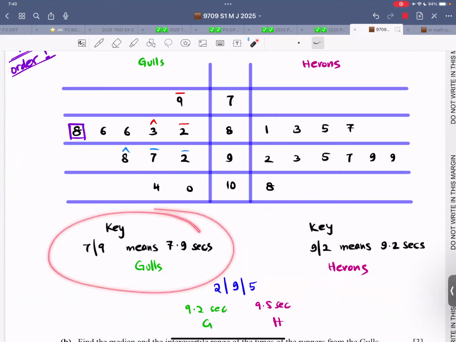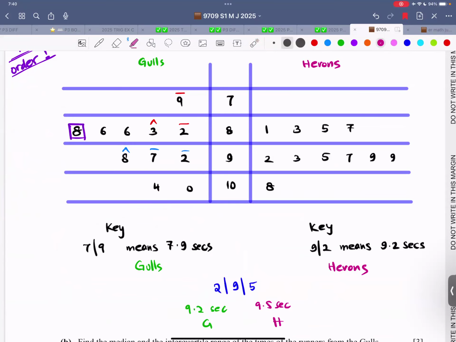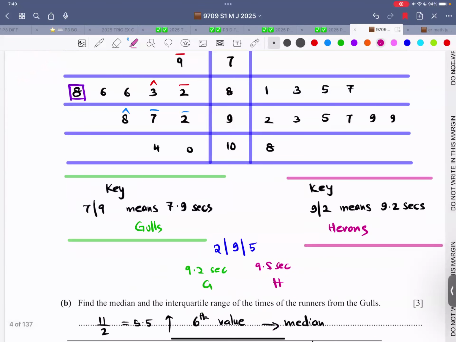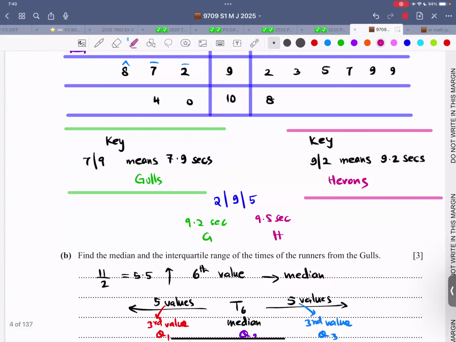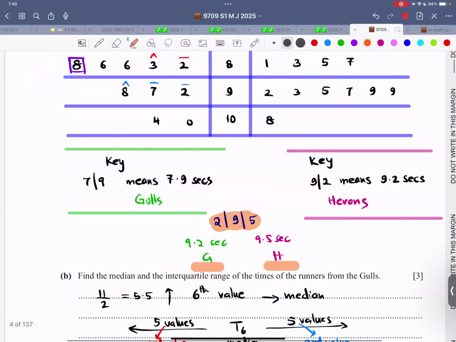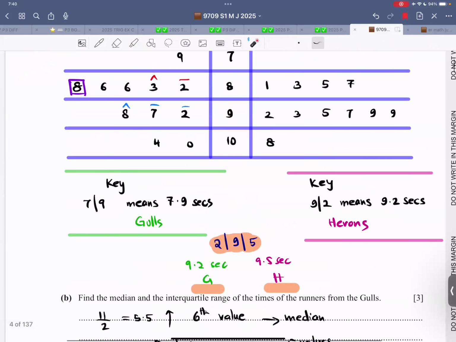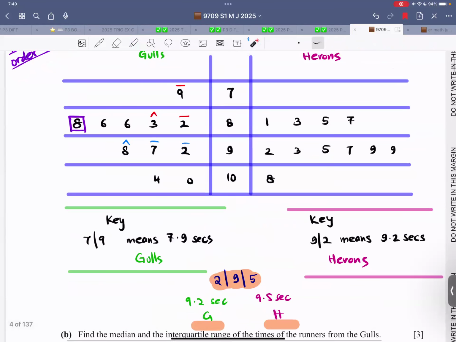What I want to focus on is that when you are doing this, make sure you write the key. It's your choice whether you want to write two separate keys representing the data, or one single key is also more than enough. For example, I have written over here 7/9, but we start from the stem and go towards the leaf.